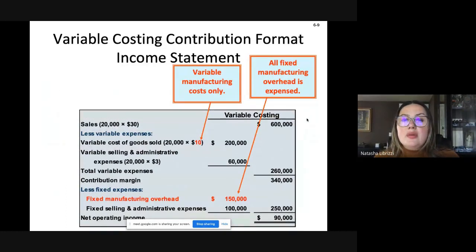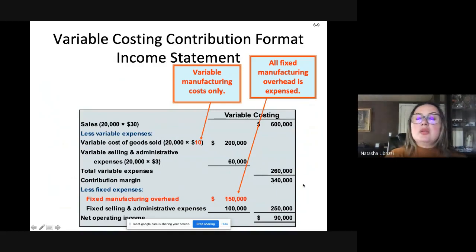So under variable costing, we have 20,000 units at $30, $600,000 in sales. Now we have our $10 cost per unit, 20,000 times 10, 200,000. We have variable selling and administrative expense of 60,000, so my total variable cost is 260. I'm using the contribution margin approach income statement here.